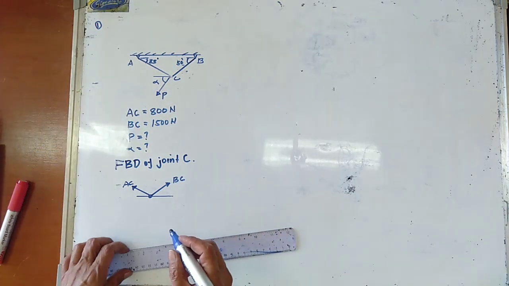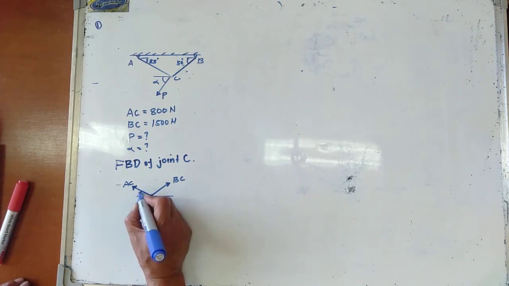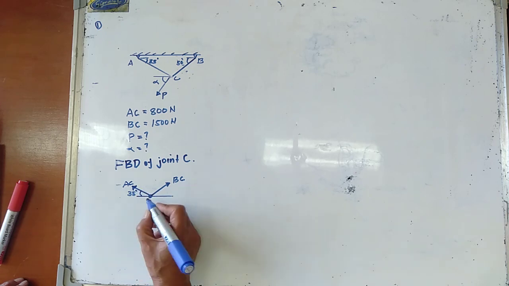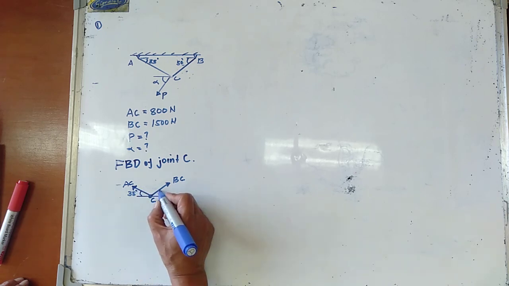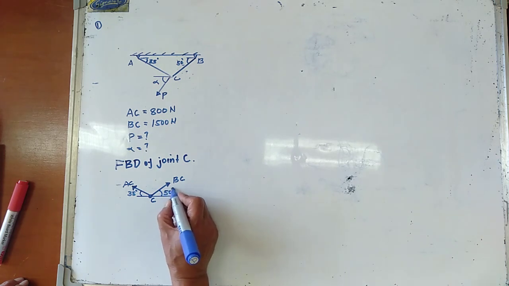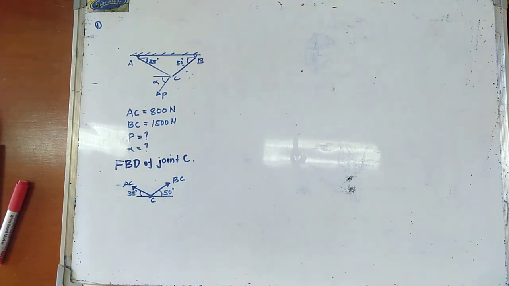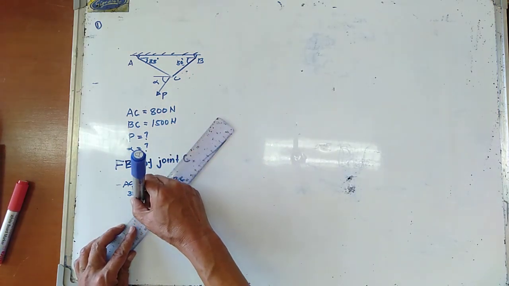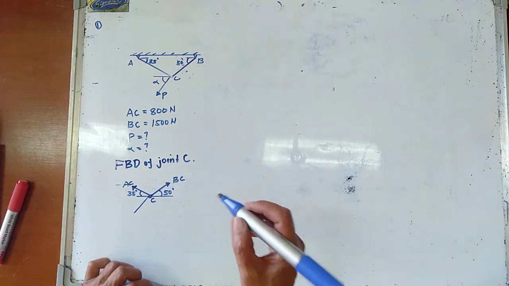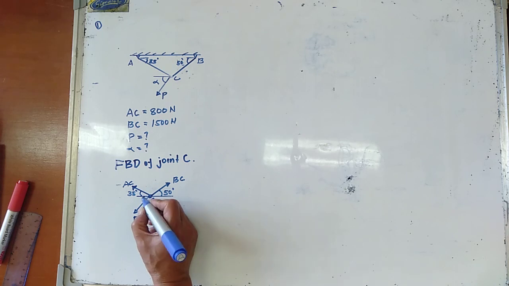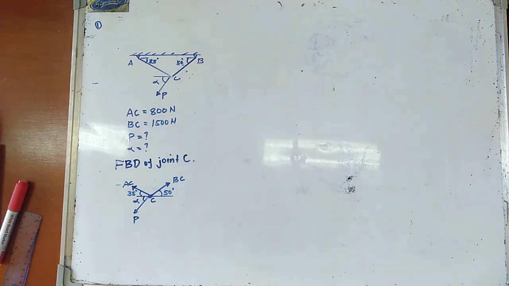Cable AC makes an angle of 35 degrees with the horizontal, and BC makes an angle of 50 degrees with the horizontal. And then we now have your P, which is making an angle alpha with the horizontal.